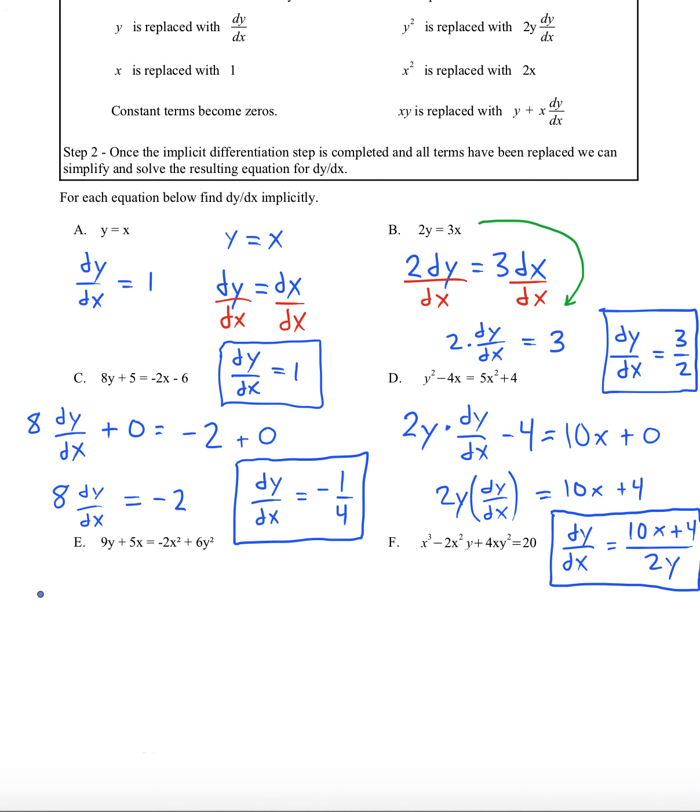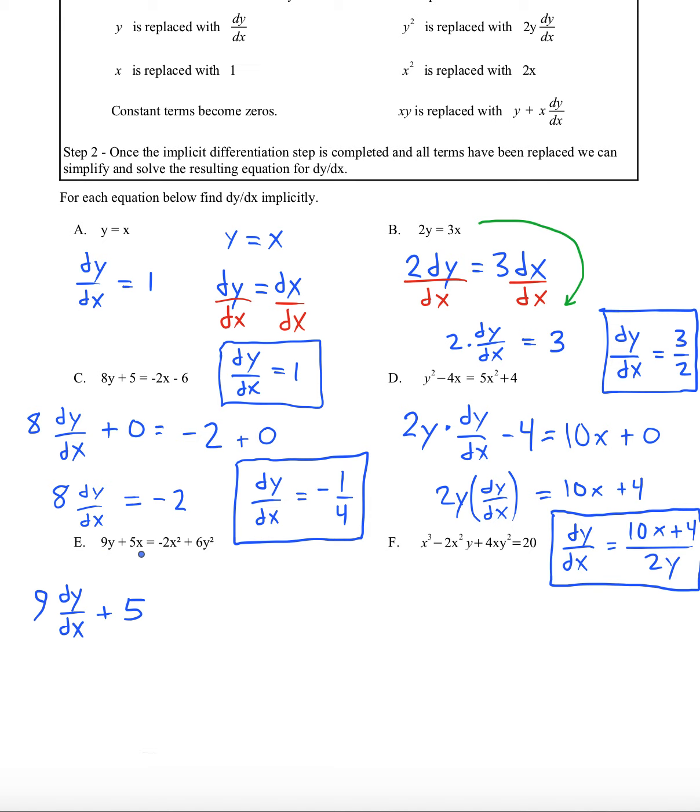Okay, for this one, we're going to differentiate 9y. So we're going to get 9 dy over dx. Then we'll get plus 5. And just the difference between y and x is that when you differentiate y with respect to x, you have to put that y prime there.